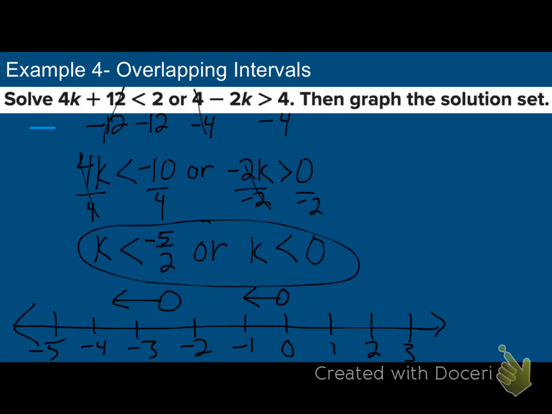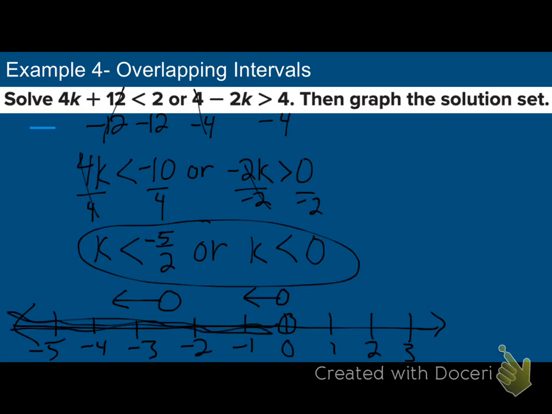It only has to be true for one of the inequalities. Okay? So, this K is less than negative 5 halves is encompassed in this graph of K is less than 0, correct? So, if a number is a solution of this one, it means it's automatically a solution of this one as well. Right? So my graph just needs to have the open circle on 0.